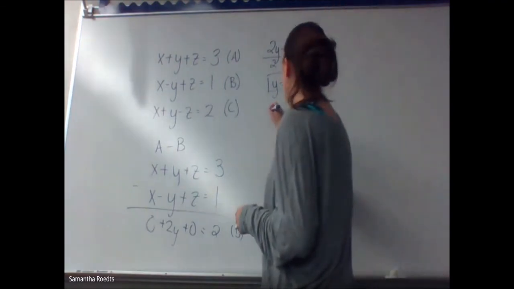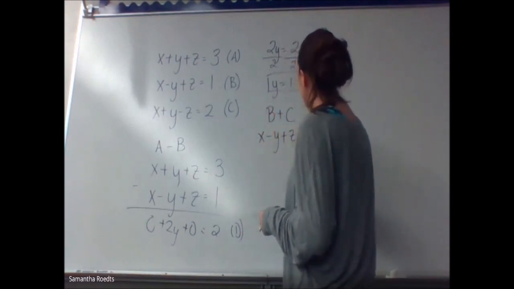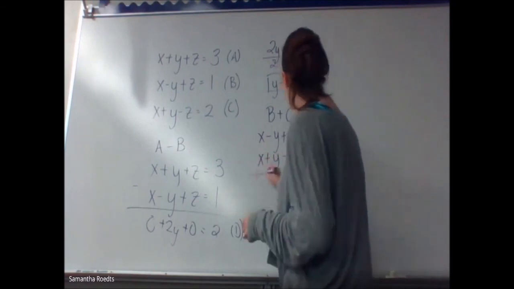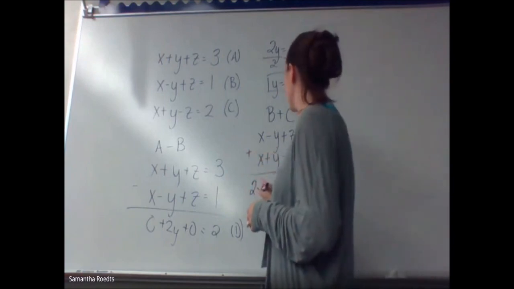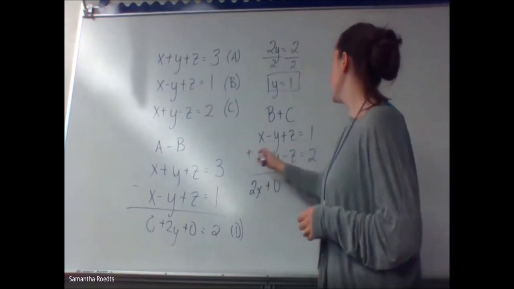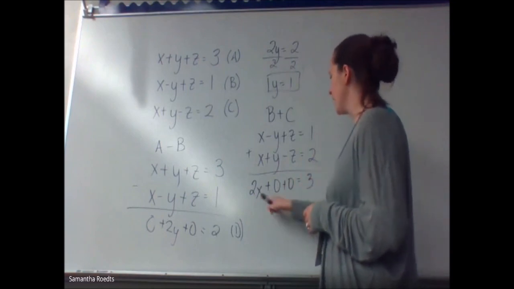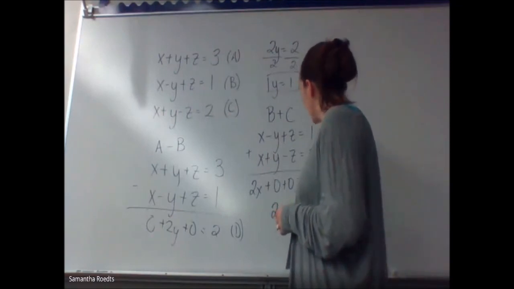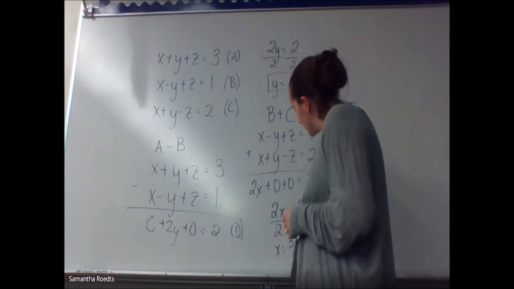So I'm going to add B plus C. When I add these together, x plus x is 2x, negative y plus y is 0, z plus negative z is 0, and 1 plus 2 is 3. Oh, I have x by itself now. So 2x equals 3. I solve for x, so x equals 3 halves.